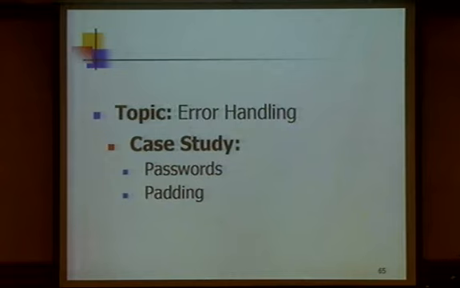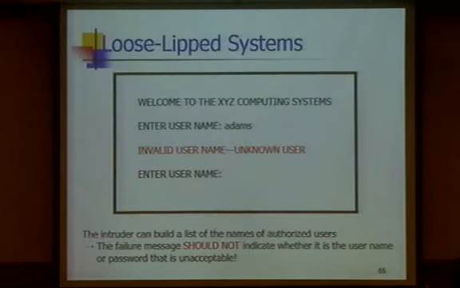Yes, and then I will talk about some implementation errors in handling error messages. This picture shows an example of password login systems. In these login systems, after the user enters his ID, the system kindly displays whether the user ID is a correct one or not.